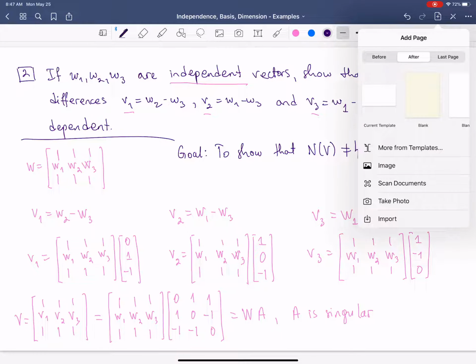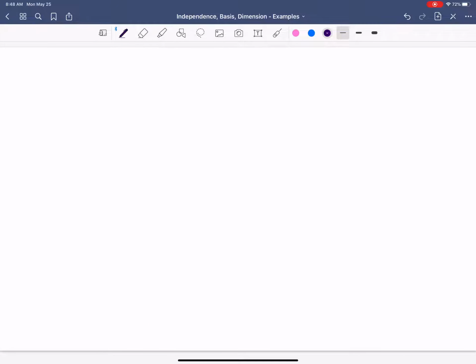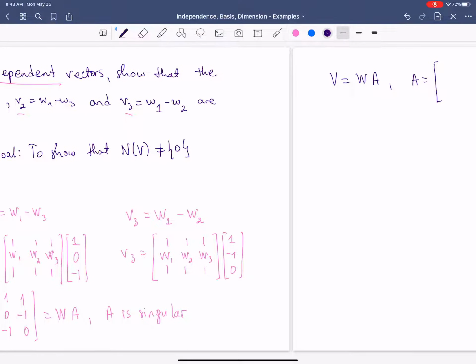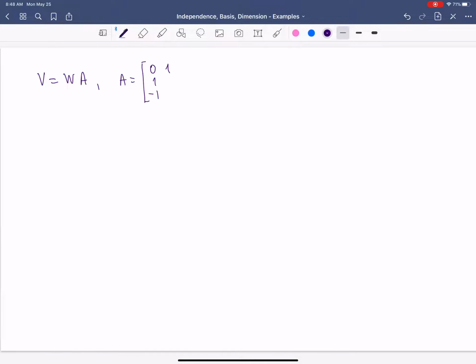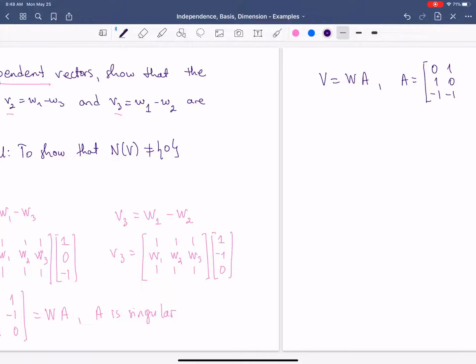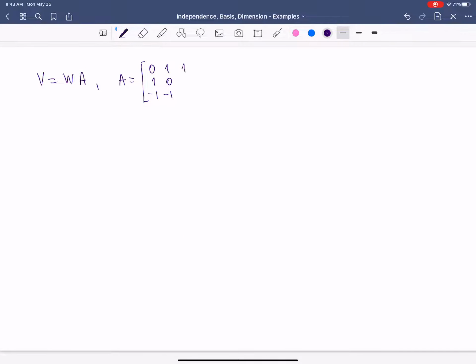I think I'm going to need a bit more space here. So I have V is W times this matrix A, where A is singular, right? A is a 3 by 3 matrix. Let's see, 0, 1, negative 1, 1, 0, negative 1, and 1, negative 1, 0.